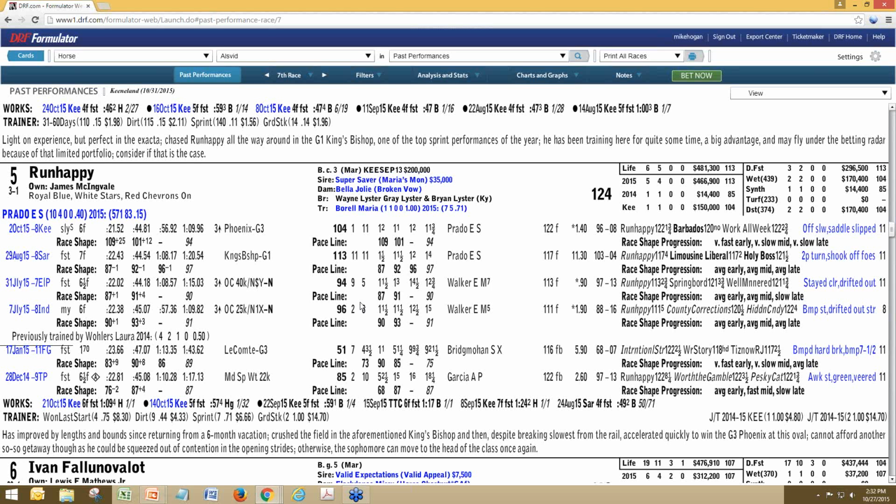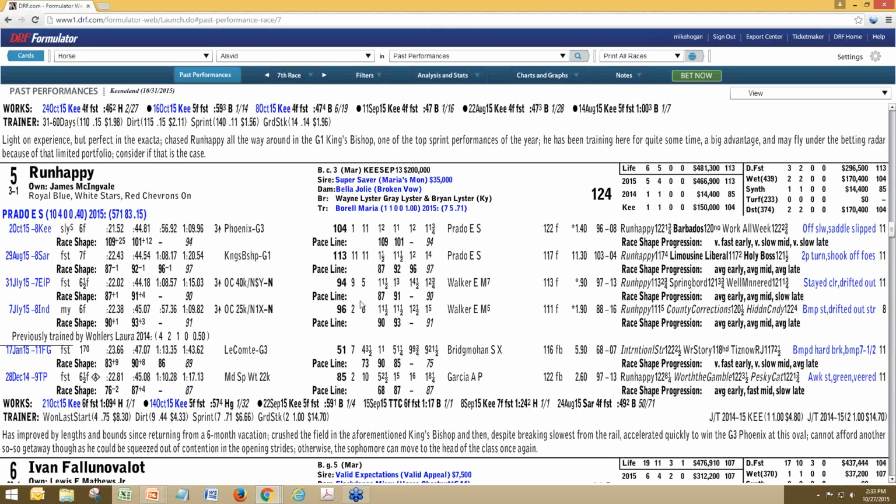So you go back and watch the replay. Edgar Prado absolutely sent him as hard as you can send a horse without resorting to the whip. Harder than Victor Espinoza sent American Pharoah in the Preakness for the first quarter of a mile. And as a result, he goes the first quarter in a pace figure, on a sloppy track so it's a little bit inflated, of 109.